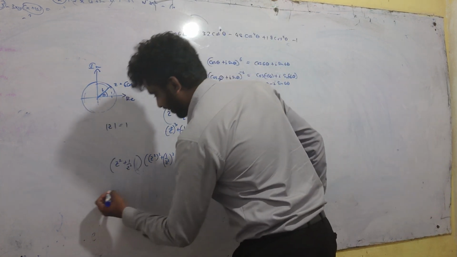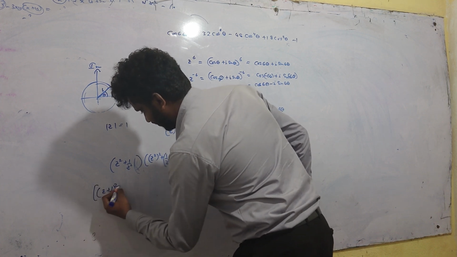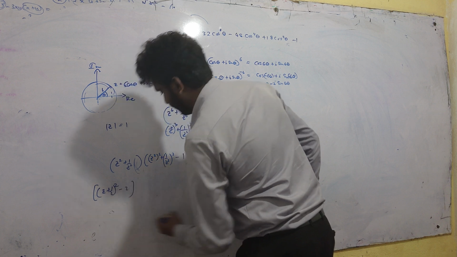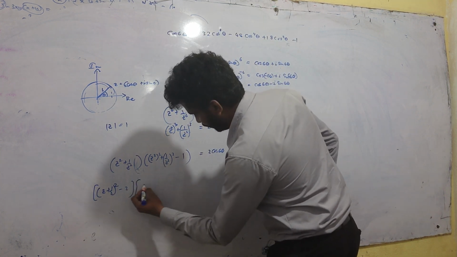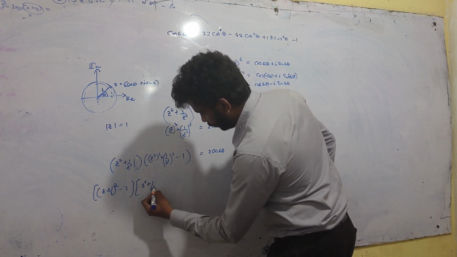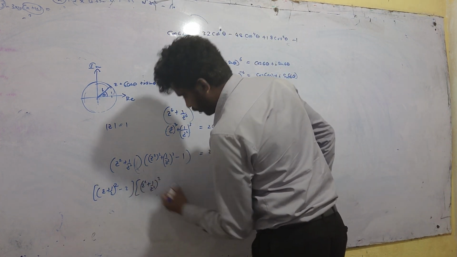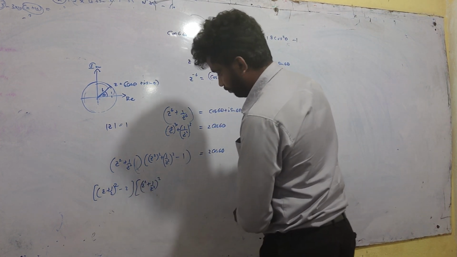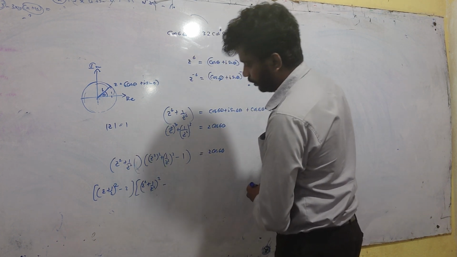Then this is going to be z squared plus 1 over z squared, minus 2, right?